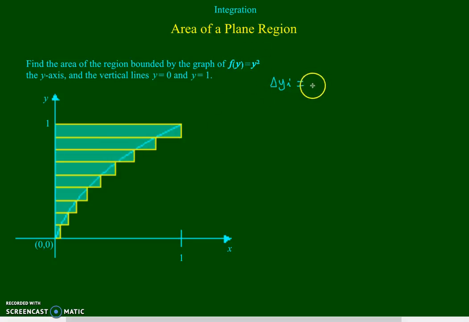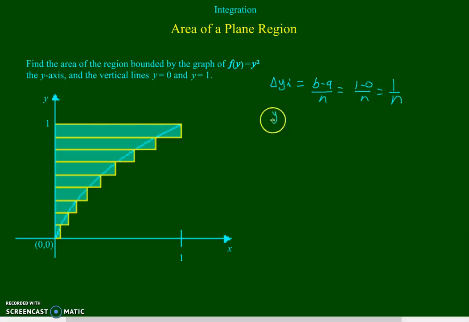So our delta y sub i is (b minus a) over n. Nothing's changed there. The difference is that for b minus a, the a value is the lower limit on the y-axis, and the b value is the upper limit on the y-axis. So it's 1 minus 0 over n, which is 1 over n.